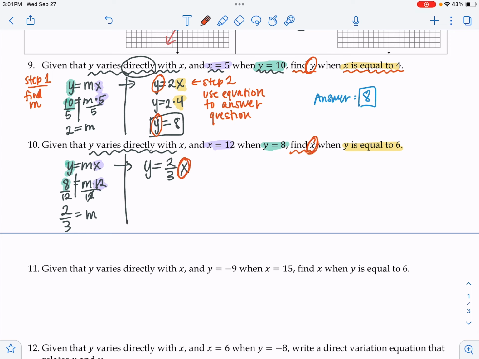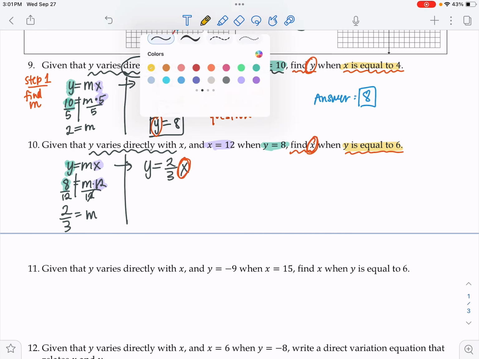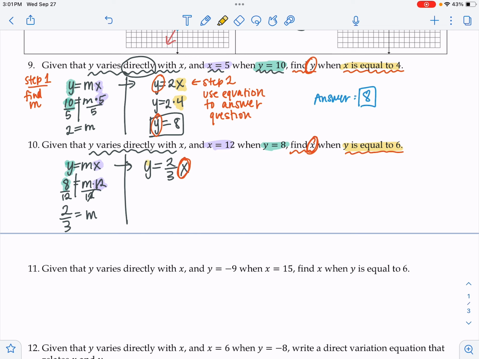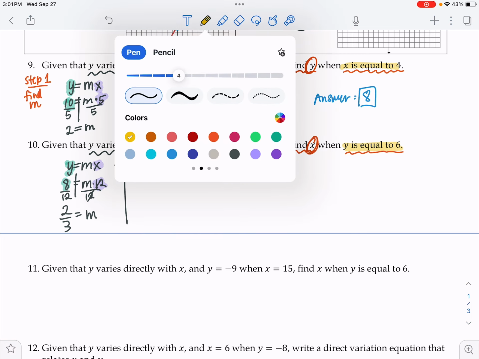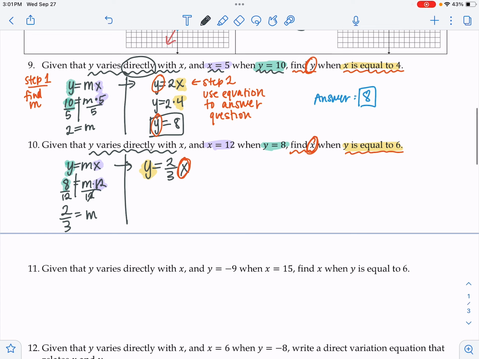Okay, and so they told me y is equal to 6. And so I'm going to fill in the y with 6. You don't want to replace the wrong value. So 6 equals 2/3 x. Okay, they told us y was 6, not x.